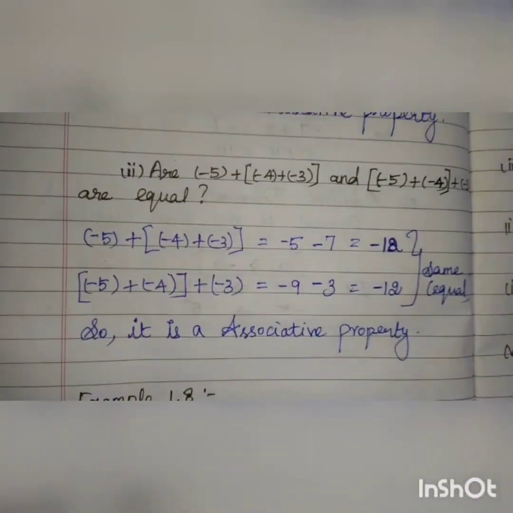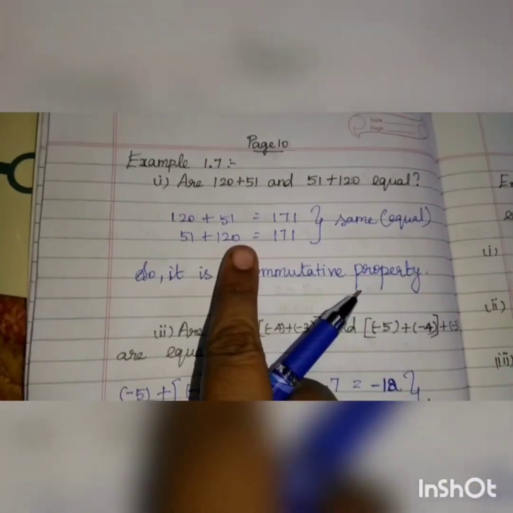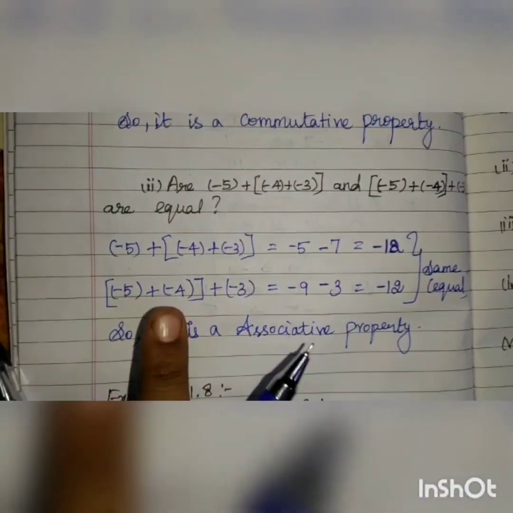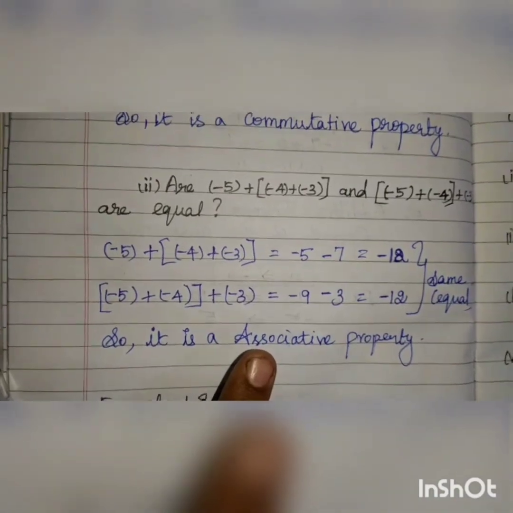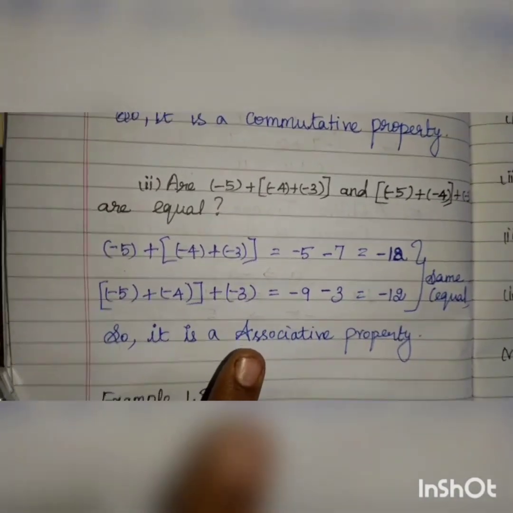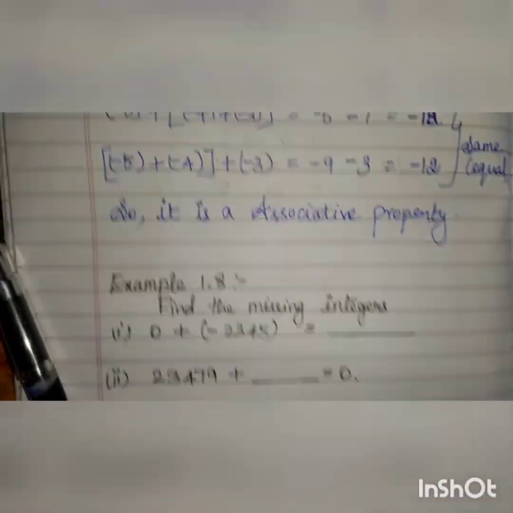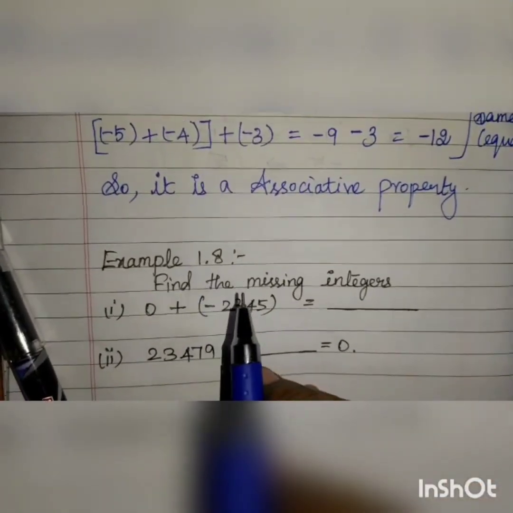Children, make sure that if they give two numbers for checking, you should write the commutative property. If they give three numbers for checking, you should write the associative property. Okay, are you clear? Okay, next to that, we are coming to example 1.8.